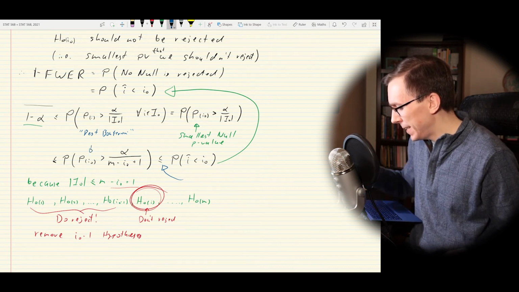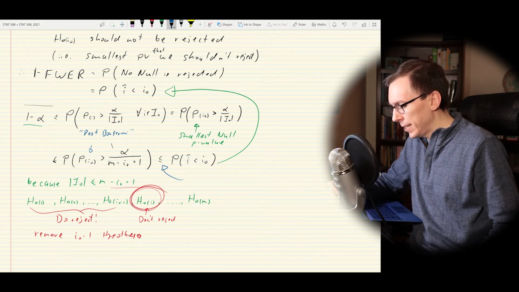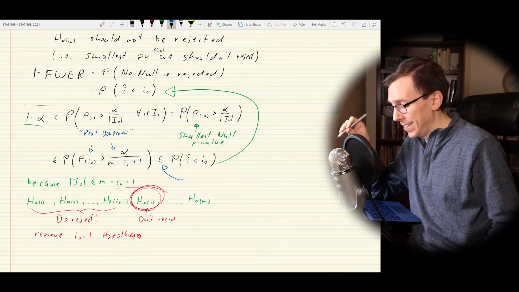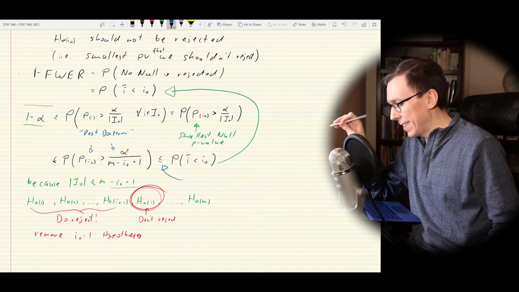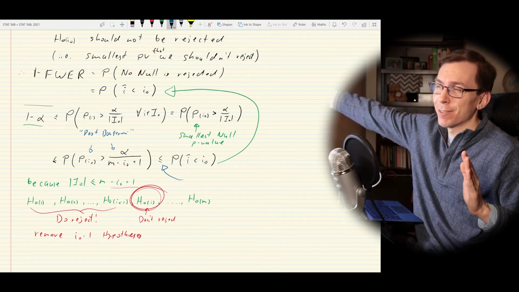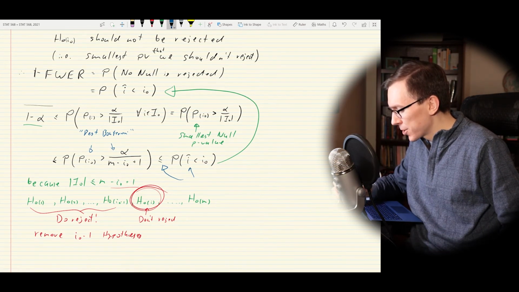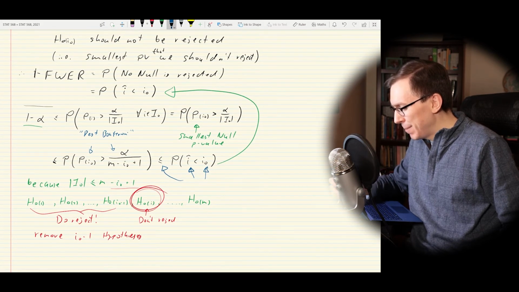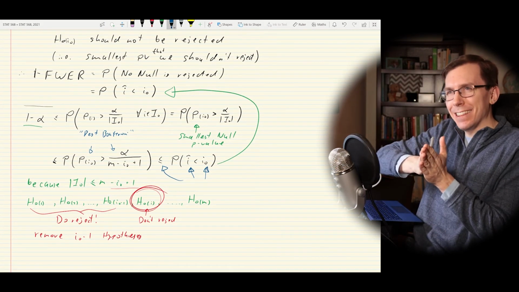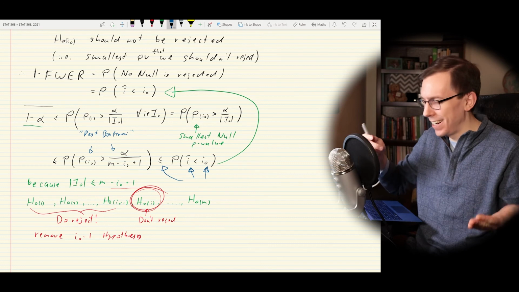Basically, if the p-value for I naught is greater than this threshold here, then it's not rejected by Holm's method, which means that every p-value greater than it is also not rejected, which means that the largest index rejected by Holm's method, I hat, has to be less than I naught. Because we didn't reject I naught, we can't reject anything greater than I naught, so the largest rejection has to be less than I naught.